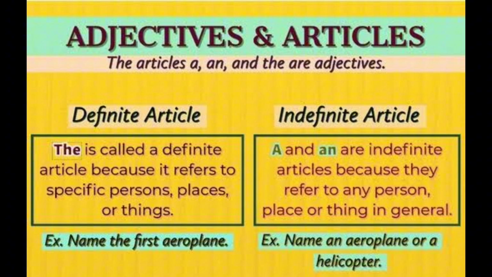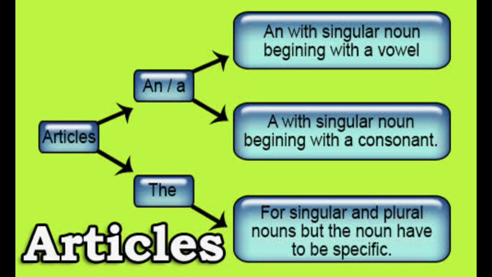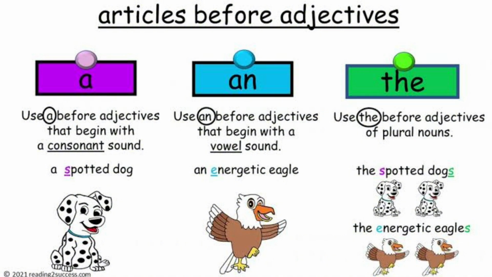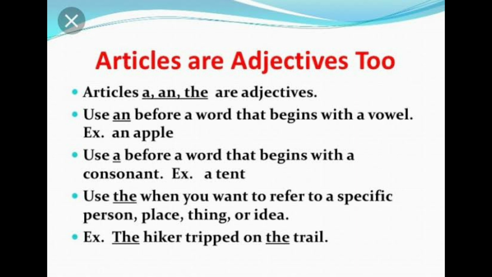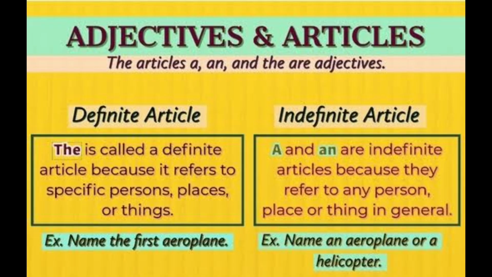Article adjectives. Article adjectives are a specific type of adjective that function as modifiers for nouns. They are used to define or introduce a noun and indicate whether the noun is specific or non-specific. Articles are classified as adjectives because they describe or clarify nouns. Types of article adjectives.